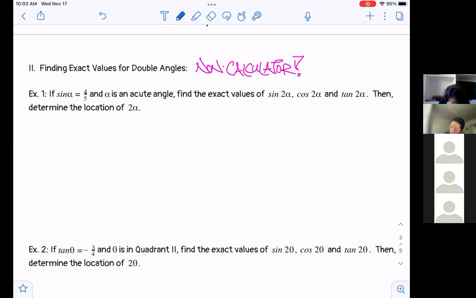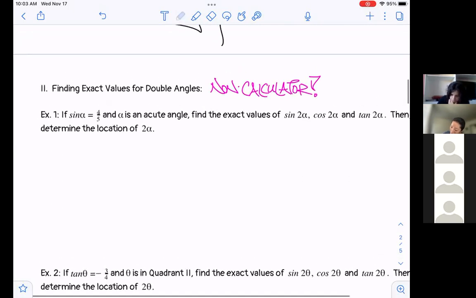So let's go back and take a look at this and maybe write down some things that we know. So when I look at this, sine alpha equals 4/5. I also know that sine alpha equals O/H, like opposite over hypotenuse, right?